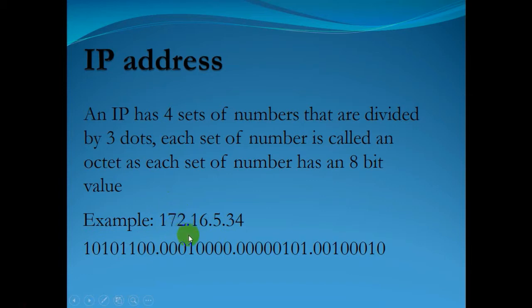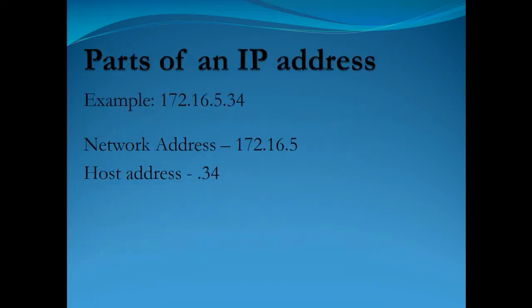So dito sa example nating IP address na 172.16.5.34, pag kinonvert natin siya into binary, makikita natin na meron siyang 8-bit per octet, which is separated by a dot. So an IP address is also divided into 2 segments, the network address and the host address.